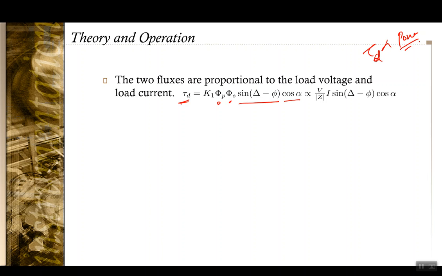Phi 1 is proportional to V by Z, and phi s is proportional to I. So in effect, the deflecting torque is proportional to V I sine of delta minus phi cos alpha, divided by Z, the impedance of the pressure coil.